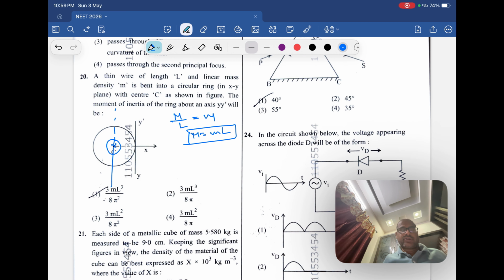Do you remember the formula? In a circular ring, passing through the center of mass perpendicular to the plane is mr square. For diametrical axes, x axis plus y axis is equal to z axis. Now z axis is mr square.